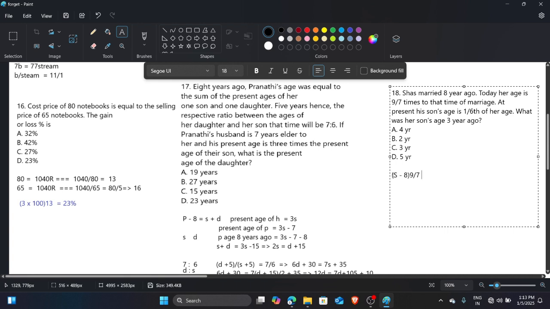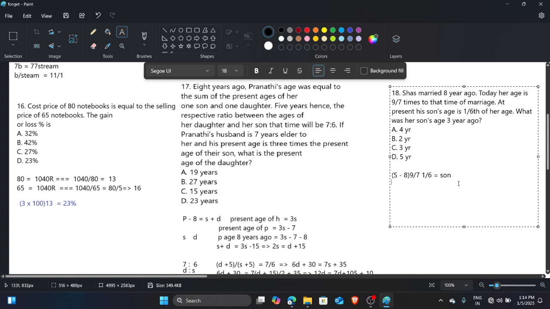So the present age of the son is 1 by 6 of her present age. What was her son's age 3 years ago? So we want to know the age of the son 3 years ago.